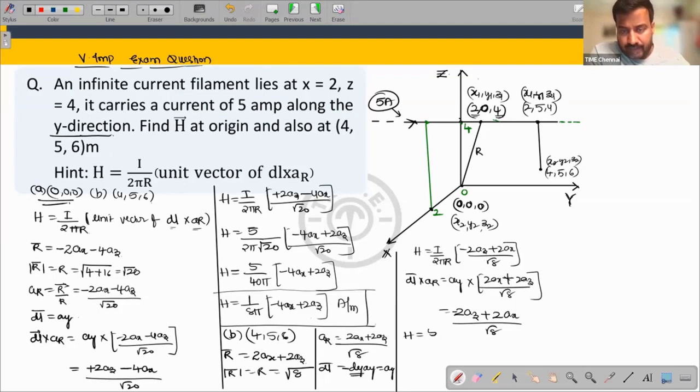I use 5 amp. 5 by 16 pi. This will be 5 by 16 pi, 2ax minus 2az. 5 by 8 pi, ax minus az. That will be your answer.